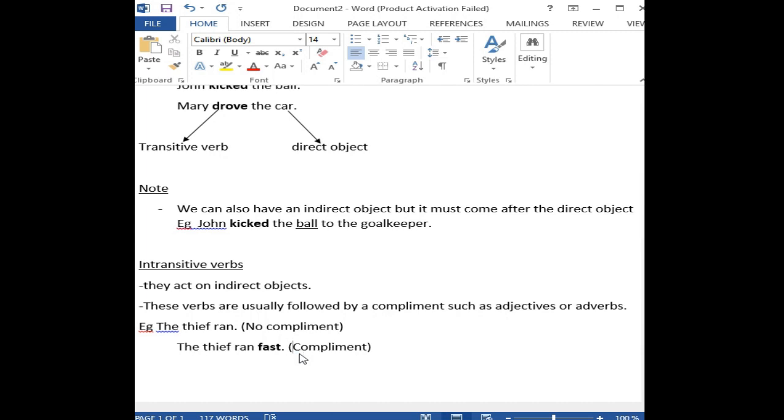Fast is our complement. Now, if you check on these two, we have one distinctive thing that is coming out.